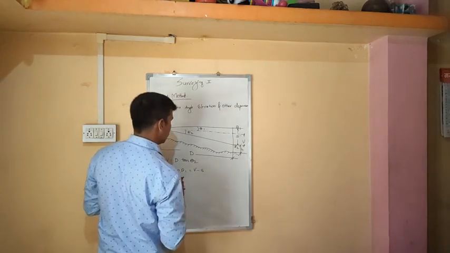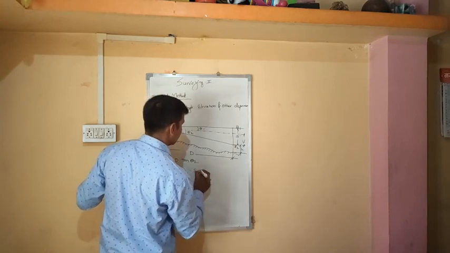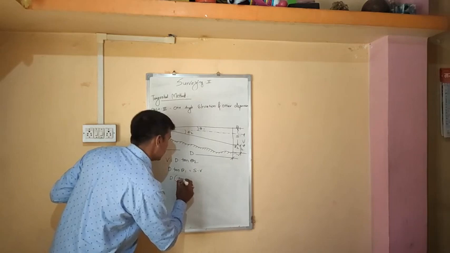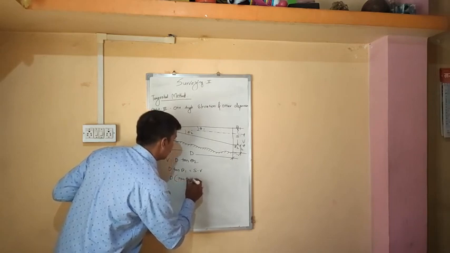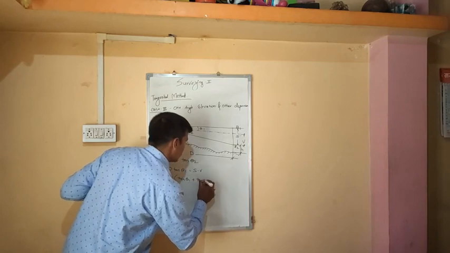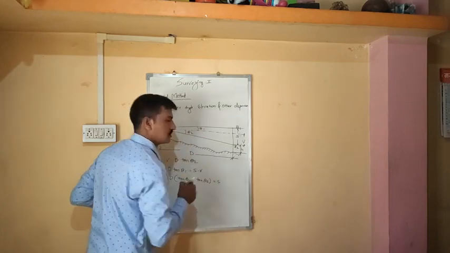Sorry, this is not V minus S, it is S minus V. So D tan theta 1 plus D tan theta 2 is equal to S.